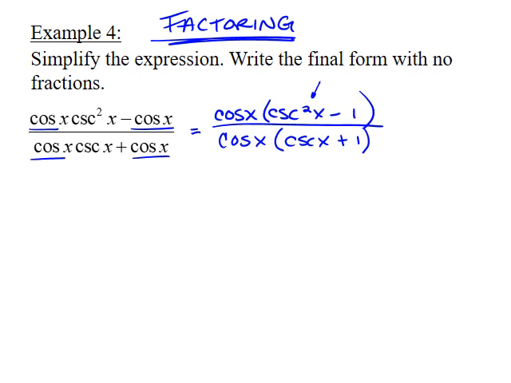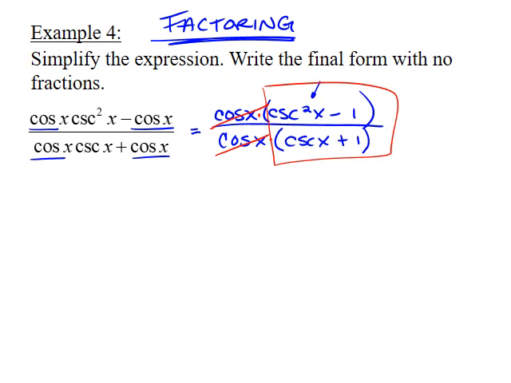Now looking at this, I can see that both of these factors have a GCF of cosine of x. So I can cancel out cosine of x. And I am left with this piece here. Now we have a couple choices here, and we need to figure out what works.